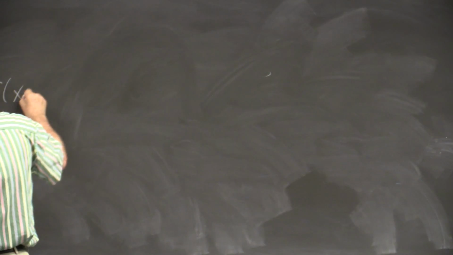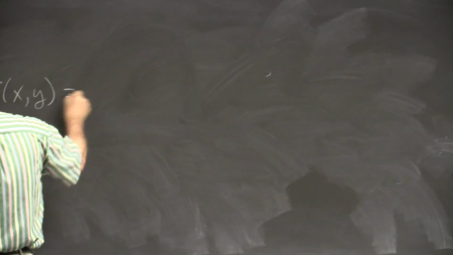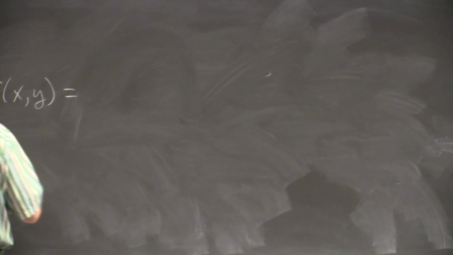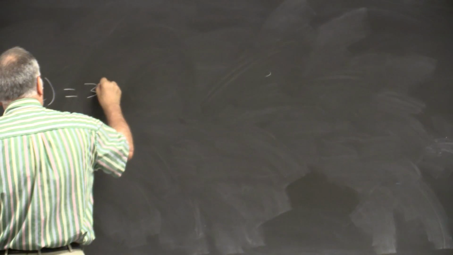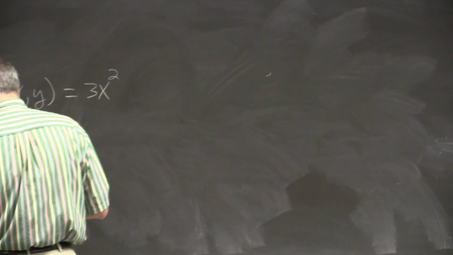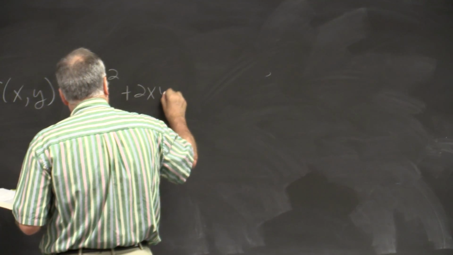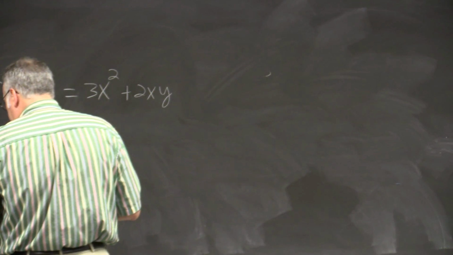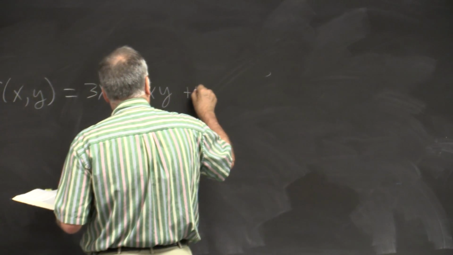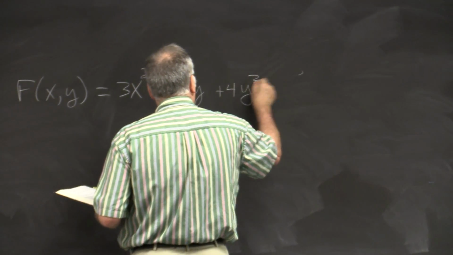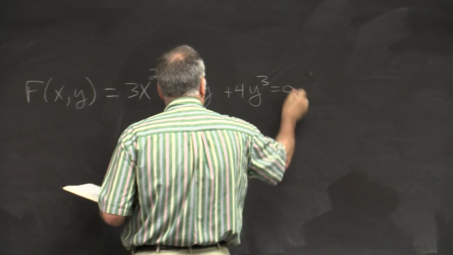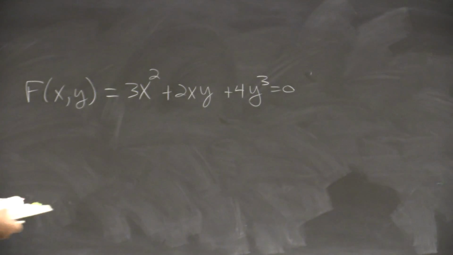Capital F of x, y equals 3x squared plus 2xy plus 4y equals 0. Now the question is, actually you could ask two questions.